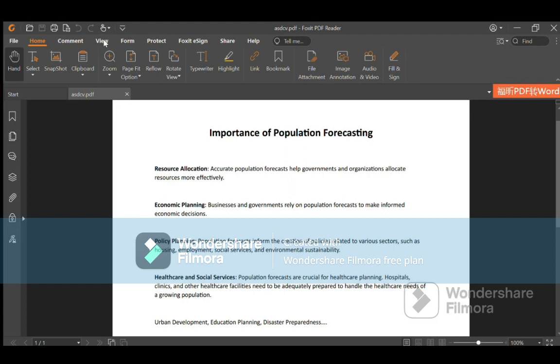Healthcare and social services are crucial for healthcare planning. Hospitals, clinics, and other healthcare facilities need to be prepared to handle the healthcare needs of growing populations.